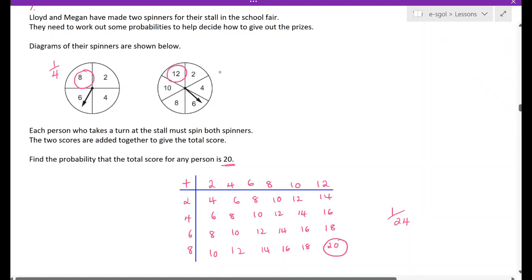And the chance of getting a 12 on this spinner is 1 out of 6, 1/6. Now, for both things to happen, you can multiply the probabilities. So I could do 1/4 multiplied by 1/6, and then multiply the tops, that's 1, multiply the bottoms, 1/24. So this is another way of doing it. There's more than one way often of doing these questions.